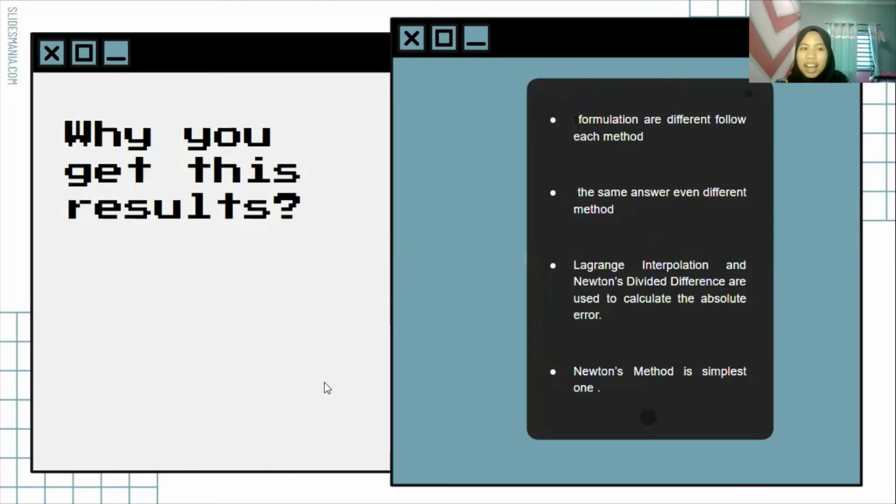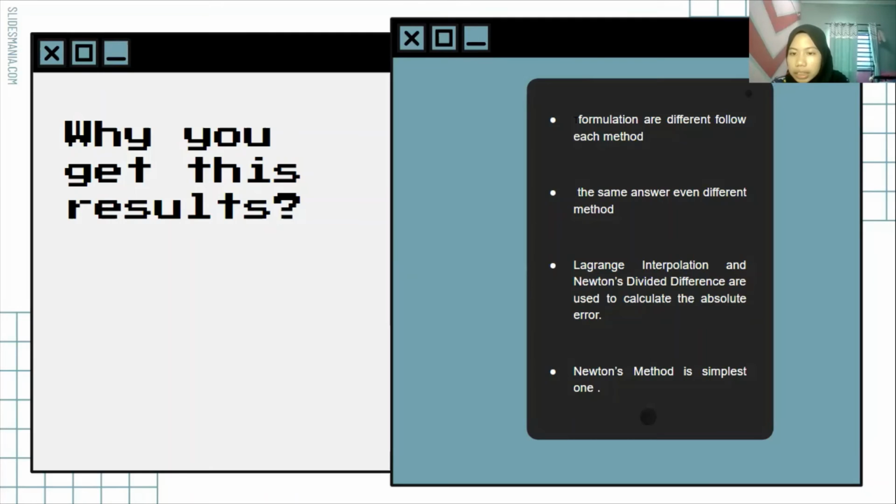Why do we get this result? Different methods were used to obtain the results, so there must be some difference between them and the manual calculation. In addition, the manual calculation was completed using the approach taught in class and the notebook as a reference. In manual calculation, the formulations are different for each method, but we get the same answer using two different methods.